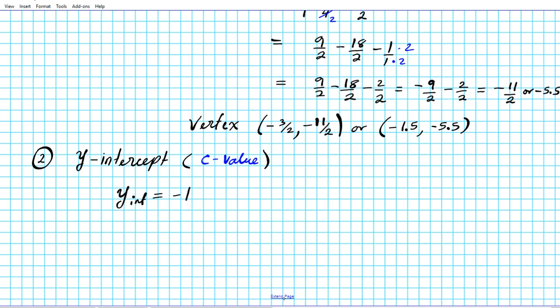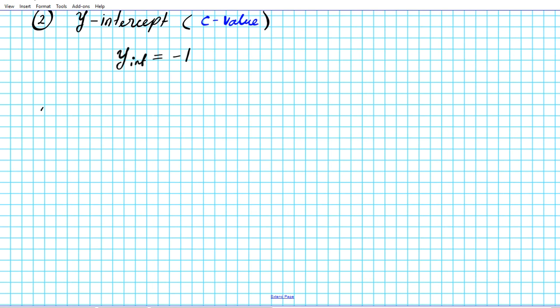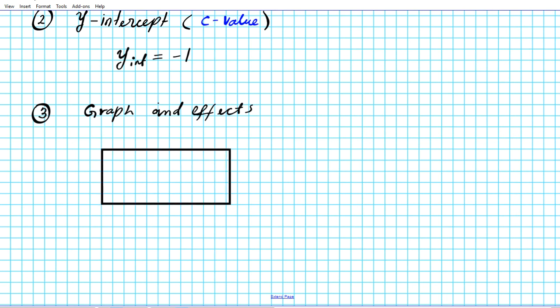Alrighty, now let's go on to the part where we're going to graph. We're going to graph the quadratic inequality and apply the effects on the line. Now let's take a look at a real quick matrix that helps us to identify the exact effects to apply to the graph of a quadratic inequality based on the inequality symbol.